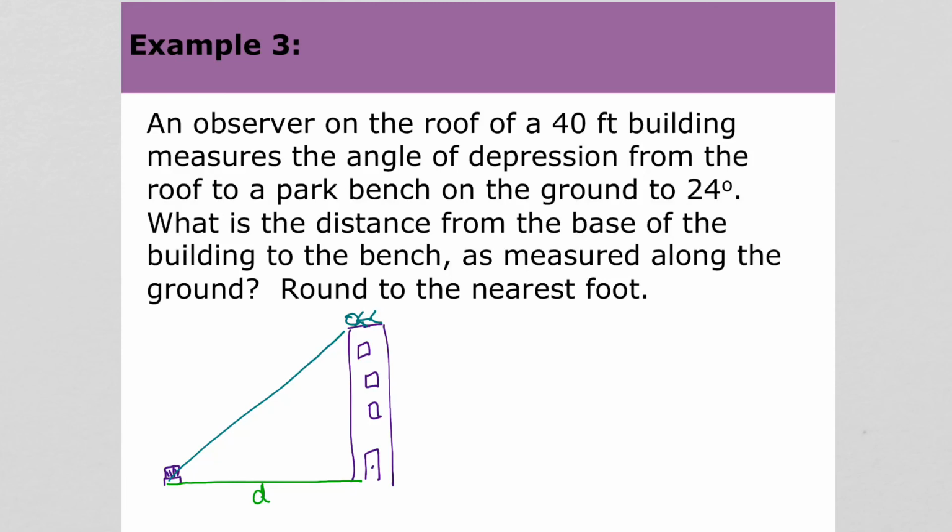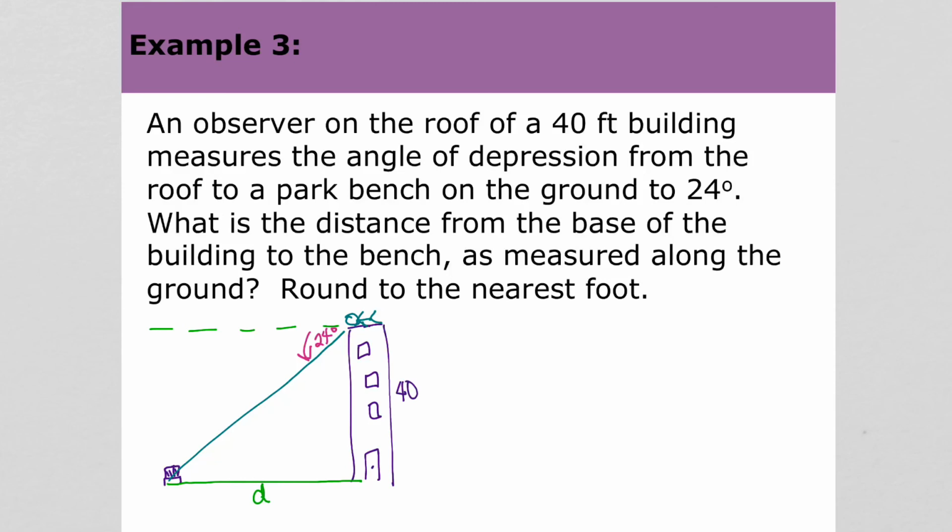So what we're talking about here is that if we draw a horizontal up here, then the angle from that horizontal down to the park bench is 24 degrees. And we were told that this is 40 feet.